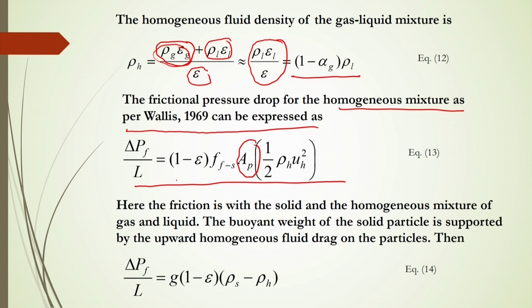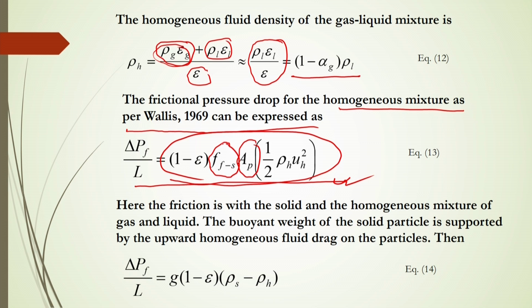So, if we know the frictional pressure drop from this Wallis equation, we can equate this homogeneous frictional pressure drop with the total mass of the bed, from which you can calculate the minimum fluidization velocity for the gas liquid solid system. Now, see this Wallis equation, there is one factor called the friction factor.